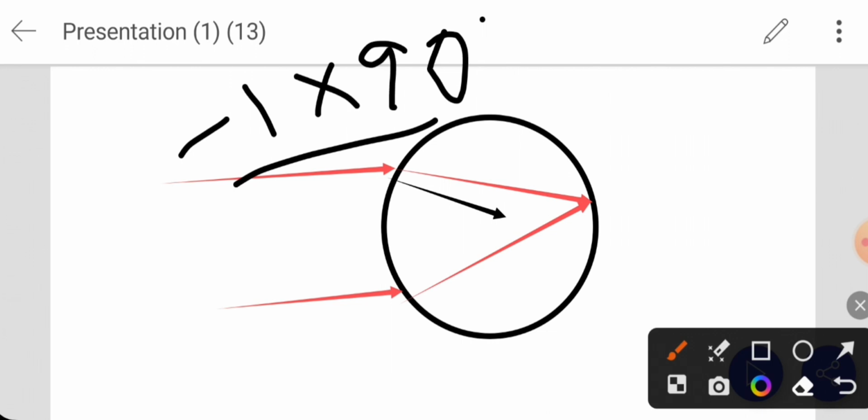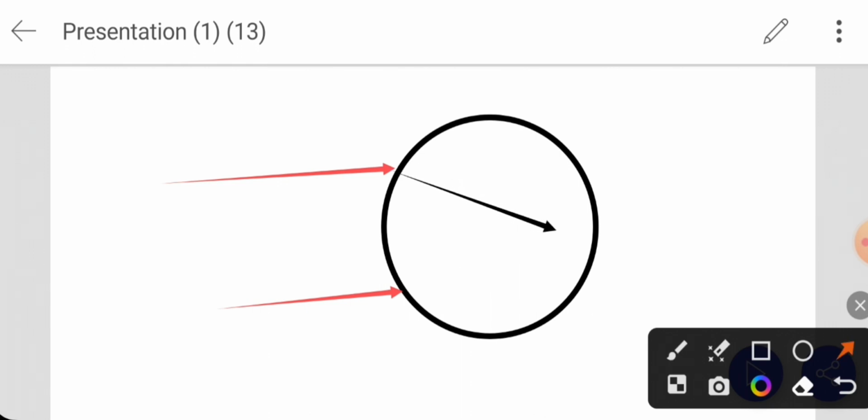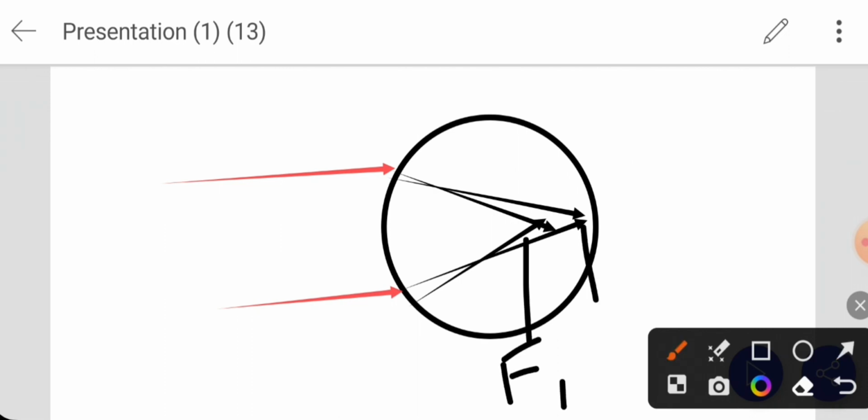Okay, now let's go to a more complex form. Suppose one light is getting focus in front of the retina, and another light also gets focus in front of the retina after some distance. So here you can see two focusing points, f1 and f2.